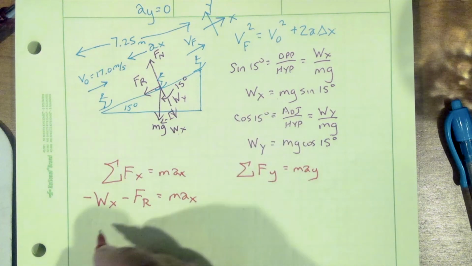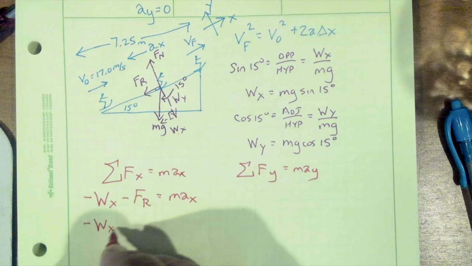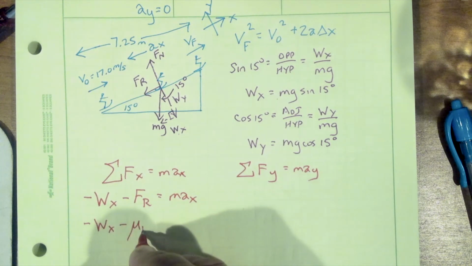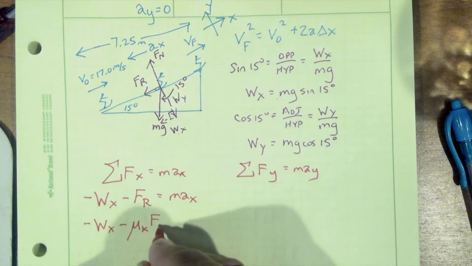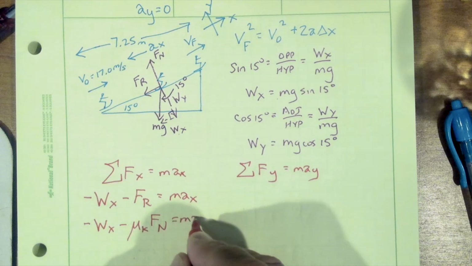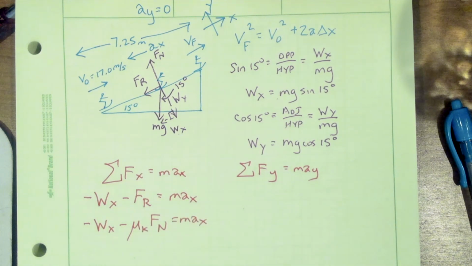We have a formula for Wx, and we have a formula for the friction force, which is the coefficient of friction, mu k, times the normal force.